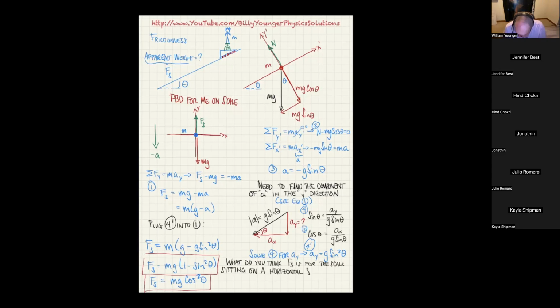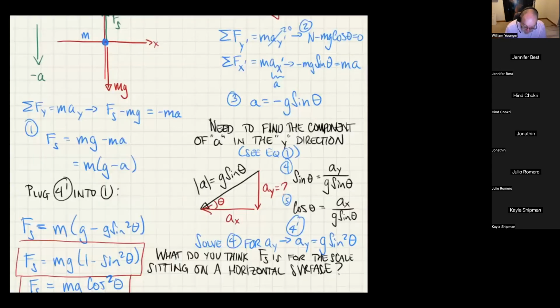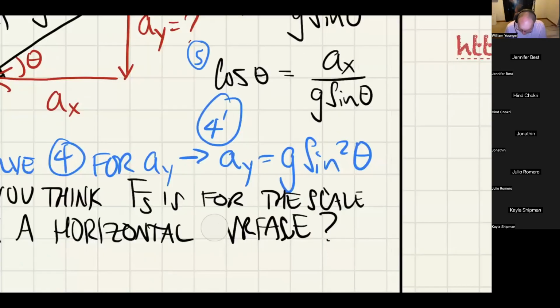So in other words, you aren't talking about something sliding down an incline anymore. We're just saying, hey, what if we didn't have an incline? It was just sitting on a flat surface. What would you expect the reading of the scale to be?